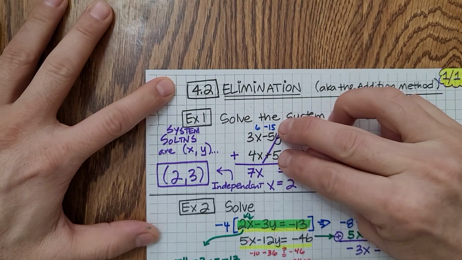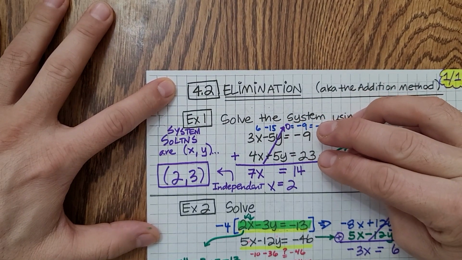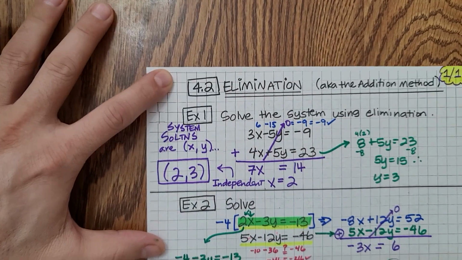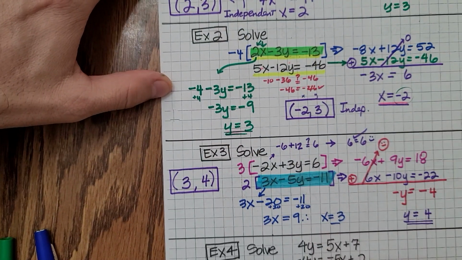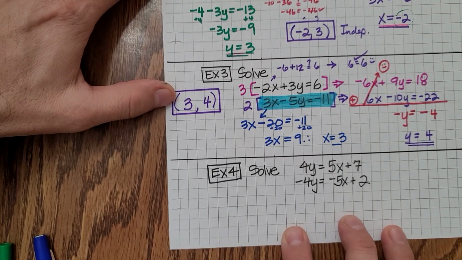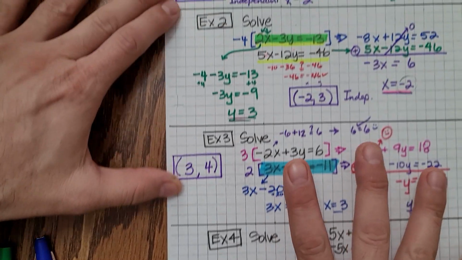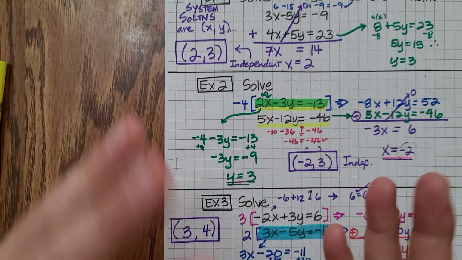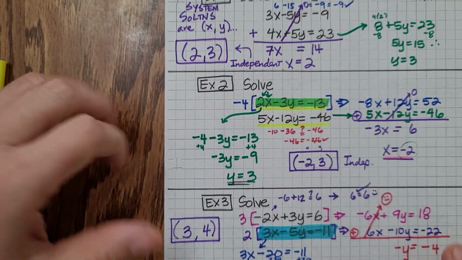X's are above x's, y's above y's, equals above equals, and constants above constants. That makes it very easy to organize and eliminate or cancel. If all the problems are given to us this way, or if we rearrange them till they look that way, we're good to go.